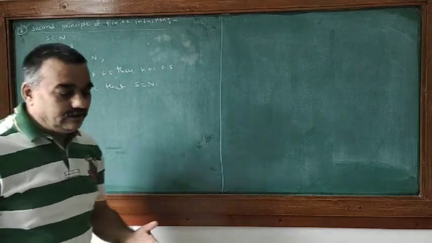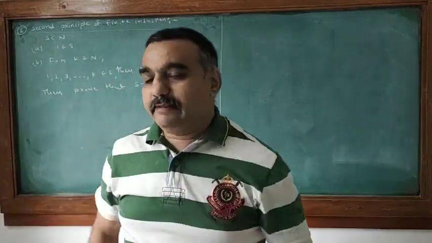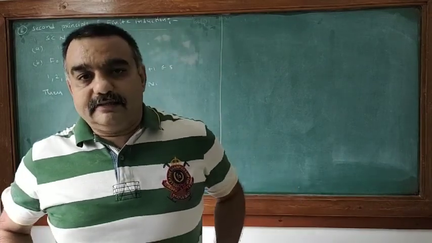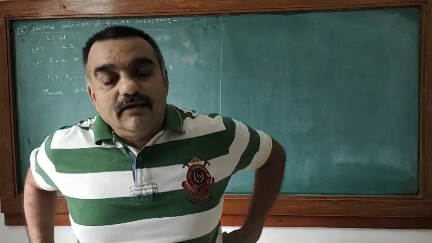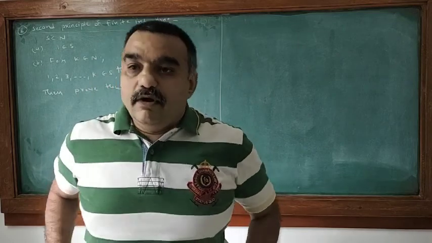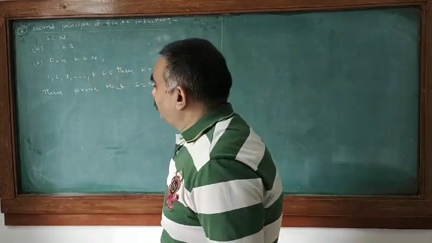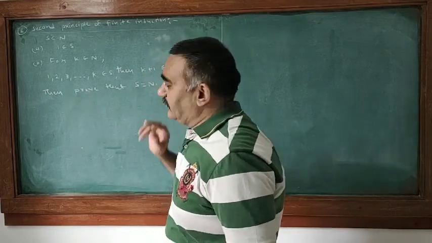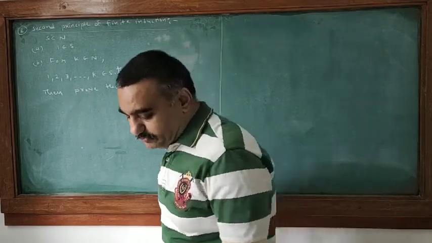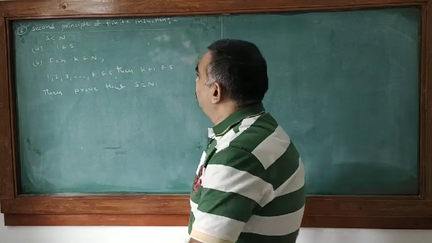In the first principle, what we say is, whenever k is in S, k plus 1 is in S. What we say here is, 1, 2 up to k, all elements belong to S, then k plus 1 belongs to S, then S is N. Clear?